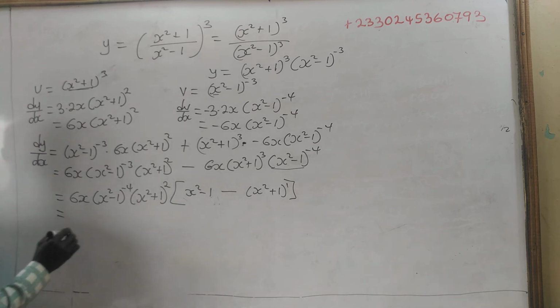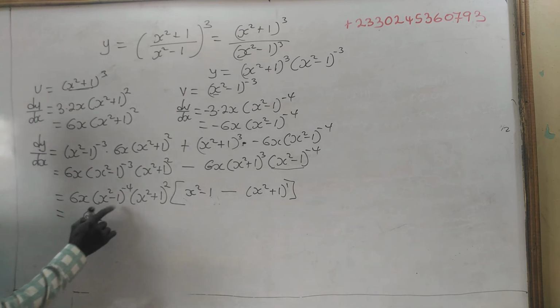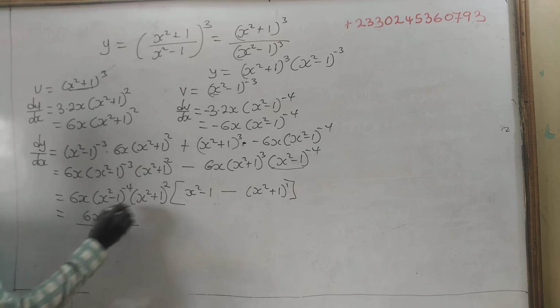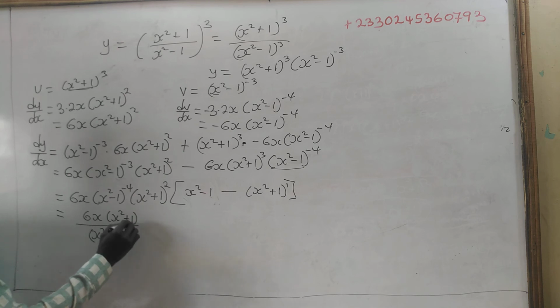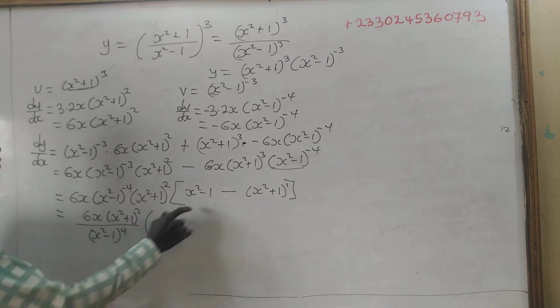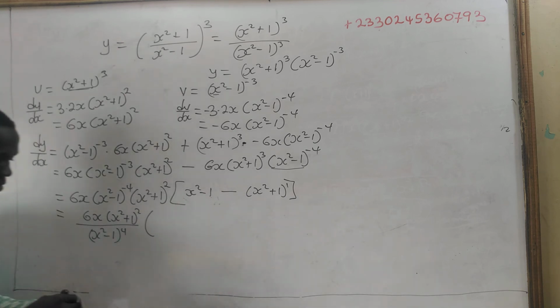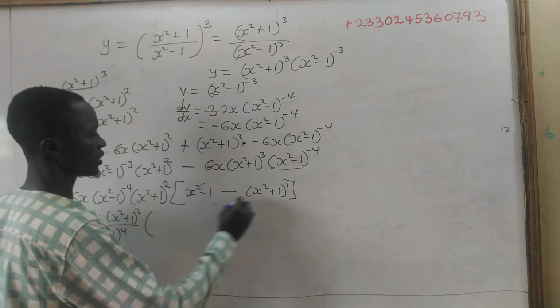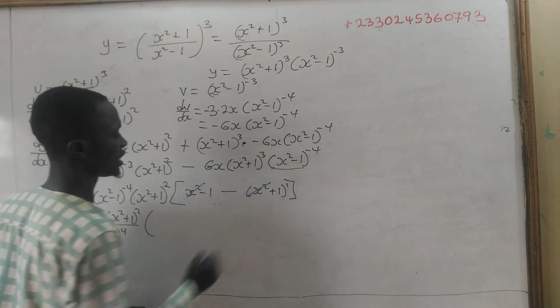So this will give us 6x. This is power negative 4, so it will come down to become x squared minus 1 to the power positive 4. Then you have x squared plus 1 squared. So here, what will happen is that positive x squared will cancel negative x squared.